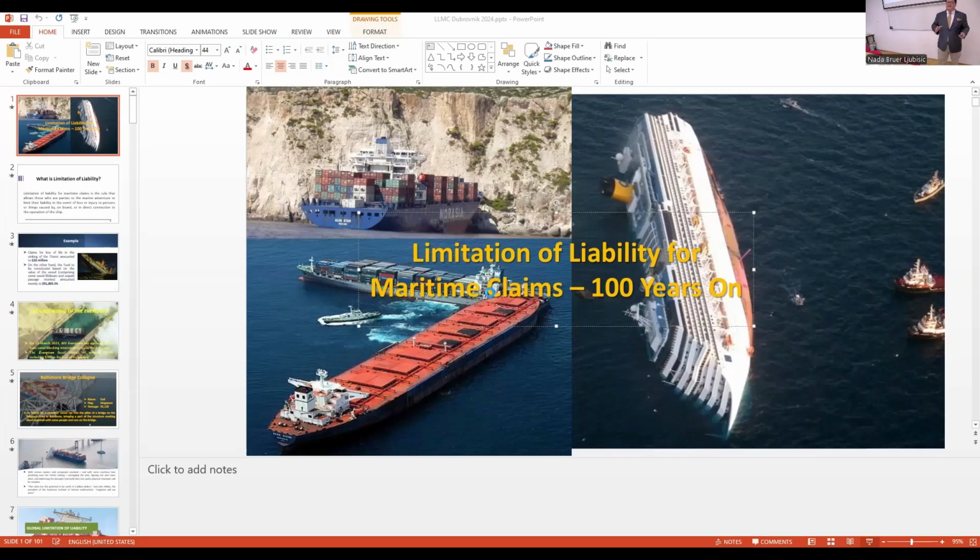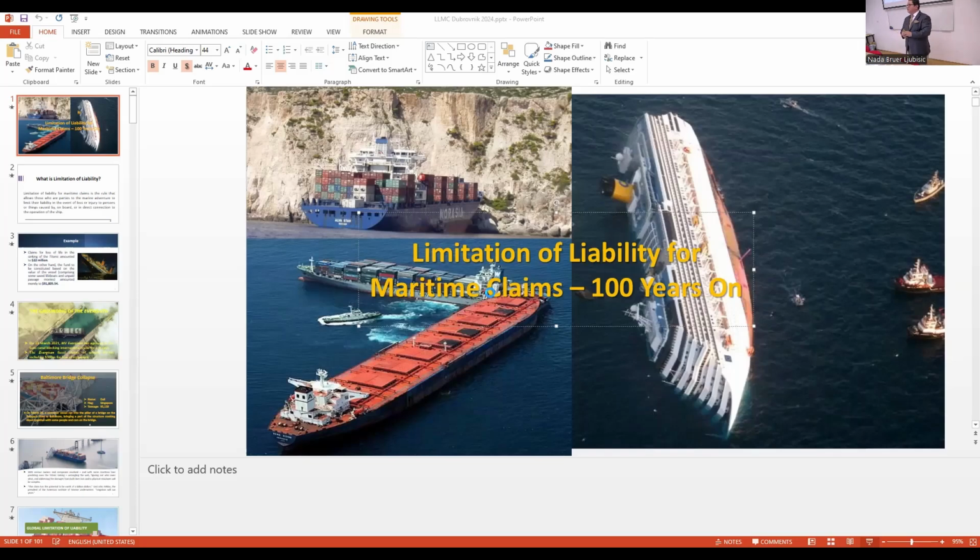One of the interesting things is that when we talk about this, we're talking about maritime catastrophes, whether loss of property, loss of life, etc. But at the same time, we're talking about global limitation of liability. And global limitation of liability must be distinguished from what I call particular liability regimes.